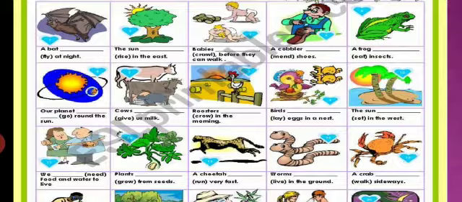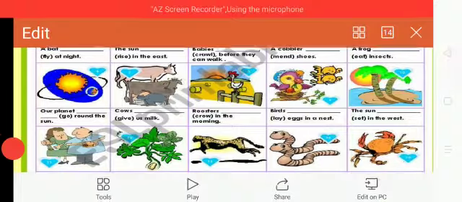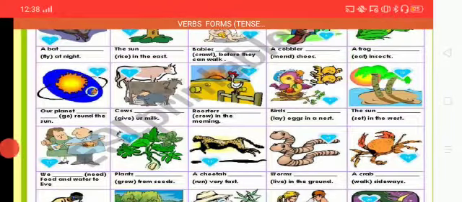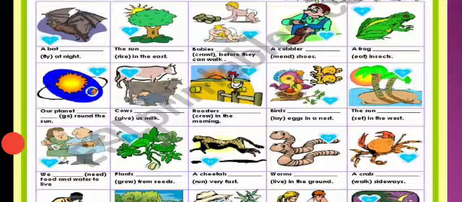The sun sets in the west. We need food and water to live. Plants grow from seeds. A cheetah runs very fast. Worms live in the ground. A crab walks sideways.